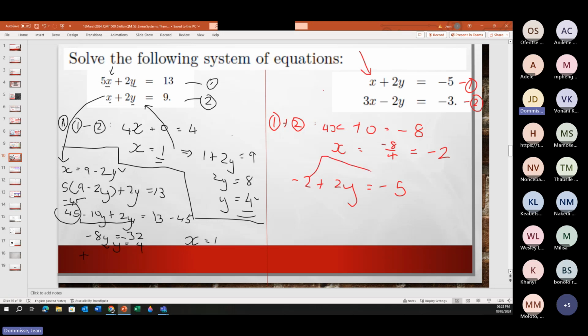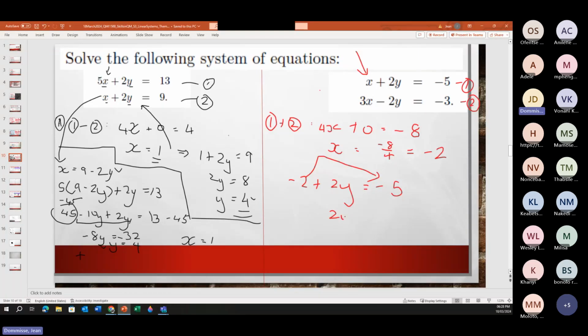So if that goes over to that side, we get 2y, that becomes positive. So minus 5 plus 2. And so now actually we're getting again something that seems a bit off, which is then y is equal to minus 3 over 2.